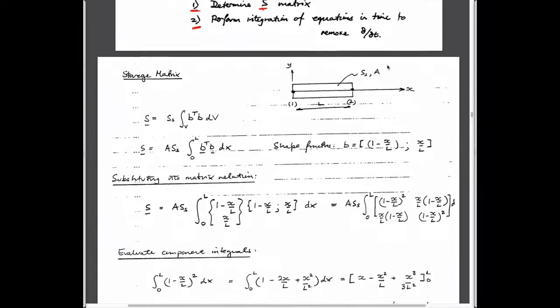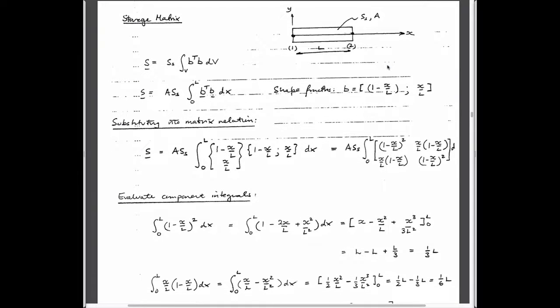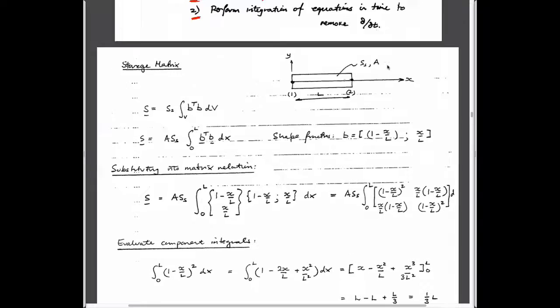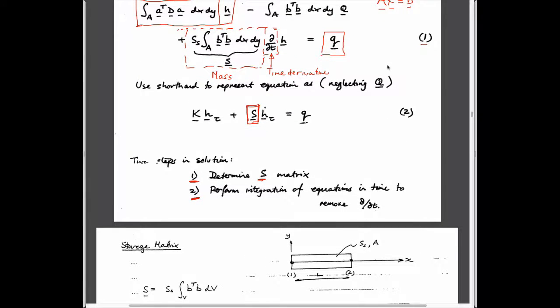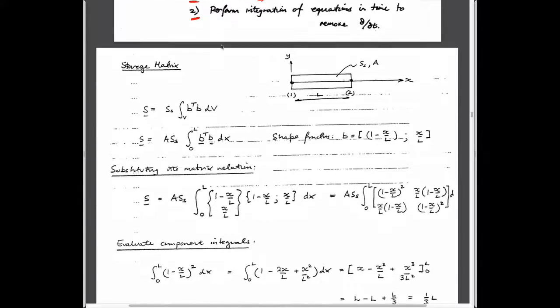First part is to figure out what the storage matrix is, or the mass matrix. We know exactly what the form of this matrix is because we came up with it yesterday. We know what the shape functions are, and it's actually much easier to determine than this conductance matrix, as you can imagine, just because this is a simpler matrix. We just define these shape functions as we did before.